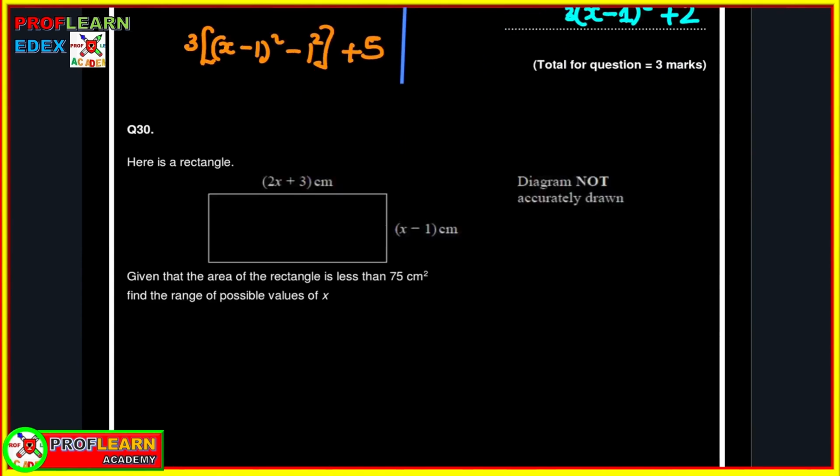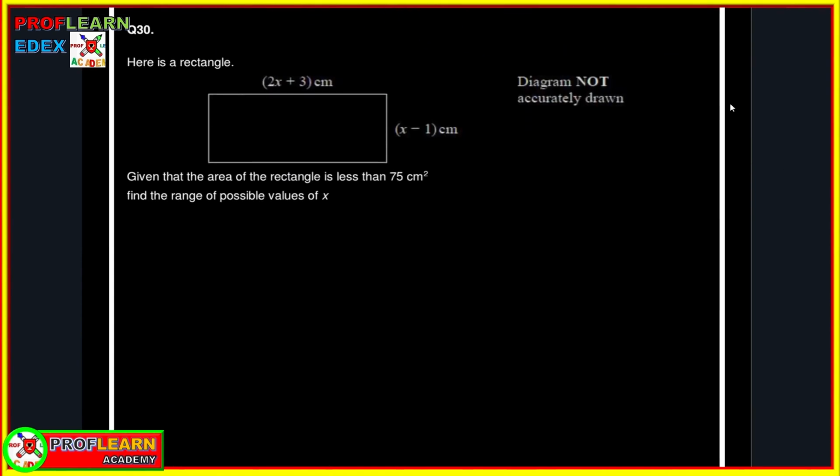In question number 30, can you try to work out this question and find the range of possible values of it, and write in the comment section whether you got the answer, then you compare with what we are going to have here. All right, just go ahead and try to work it out.